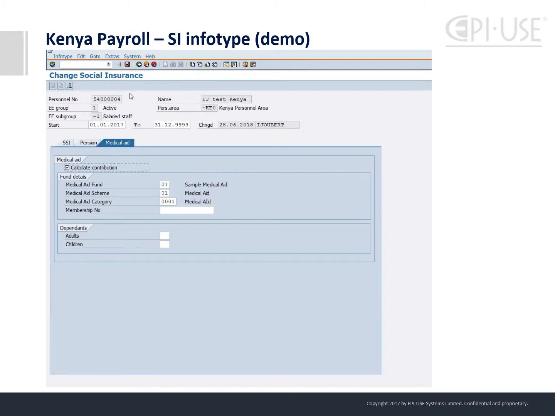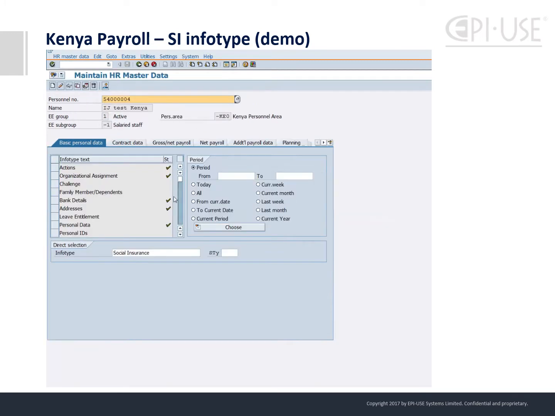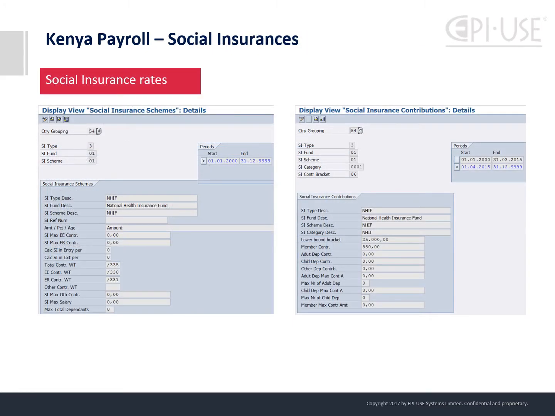So all of these are found in our info type 9745 for social insurance. All the social insurance rates are also stored in different tables, and in here one can specify wage types and values and contributions, and we will show a bit more in the next slide.